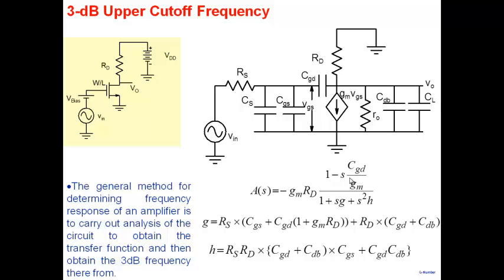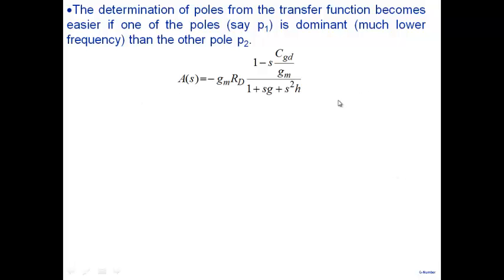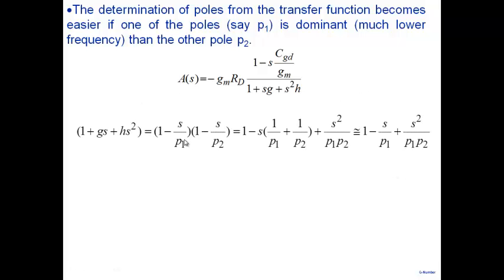Now from here, we know that if you assume a dominant pole, so you have P1 and P2, let's say P1 is much smaller than P2, then you can determine P1 by simply looking at the prefactor of the first order term. And so P1 will be simply equal to 1 by G, and P2 equal to 1 by H, so you can get both the poles.